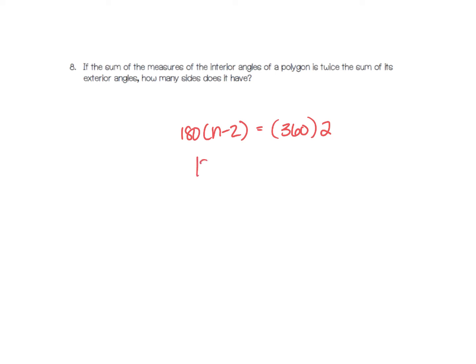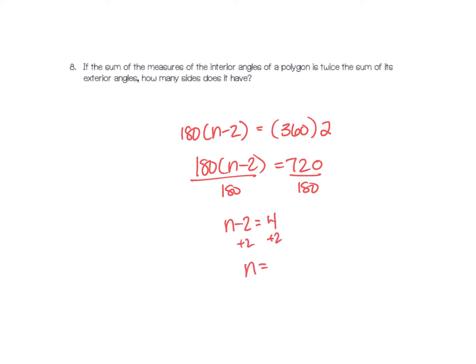So I have 180 times n minus 2 equals 360 times 2, which is 720. If I take 720 divided by 180, I'm going to have n minus 2 equals 4. Add 2 to both sides, I get n equals 6.